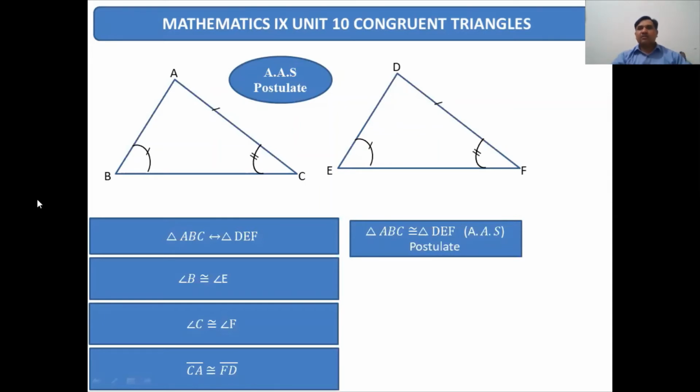So again we have proved the 3 parts, 2 angles and 1 side of one triangle are congruent with the 3 parts of the other triangle. So we can say that these triangles are congruent.